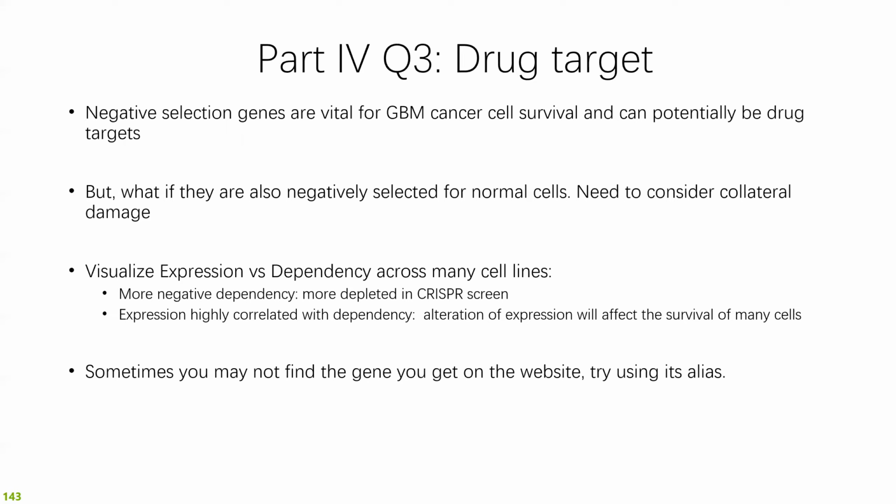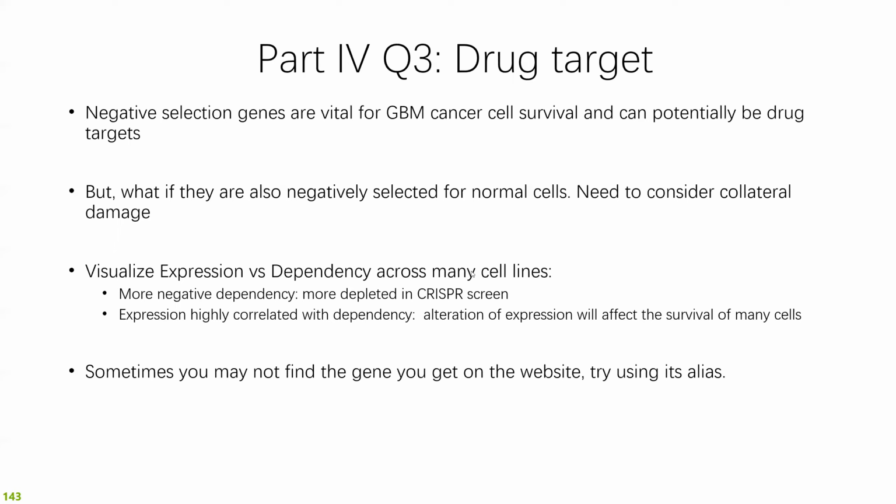What if these genes are also negatively selected for normal cells? That is, to give you a simple example, if we knock out the gene that is essential for energy production in cells, we can definitely kill cancer cells, but it will also kill normal cells. So we really need to consider collateral damage when we choose drug targets.